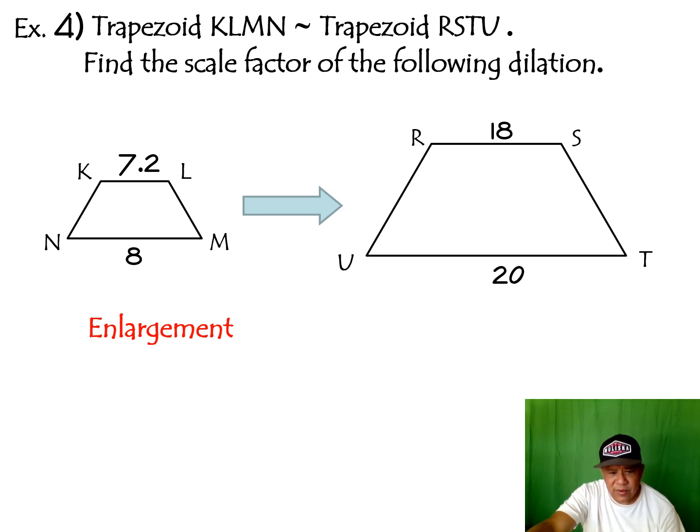The scale factor is just the value of the right side divided by the left side. So 18 divided by 7.2 is 2.5. So the scale factor is 2.5. That means that the enlargement is 2.5 times bigger. So it grew 2.5 times bigger. Let's go ahead and try number 4 on your own.